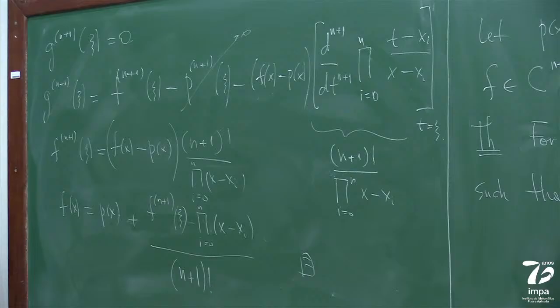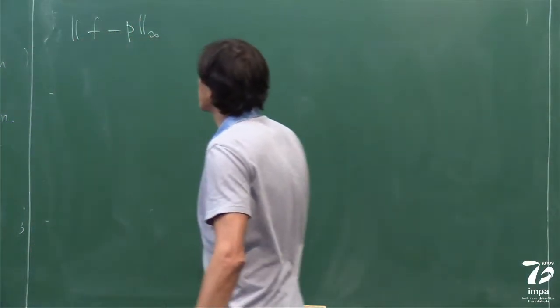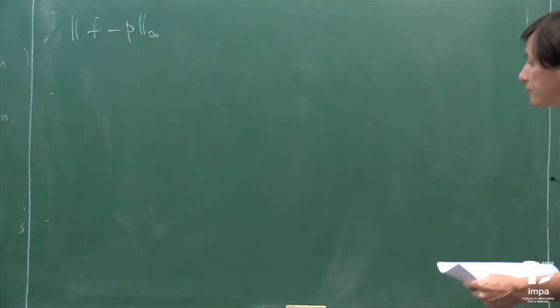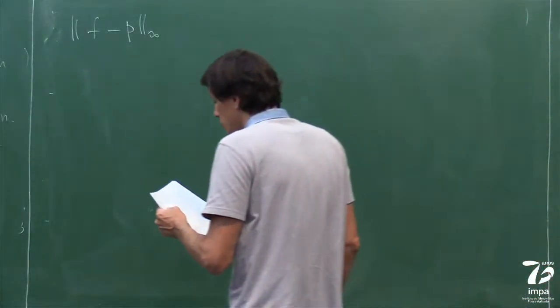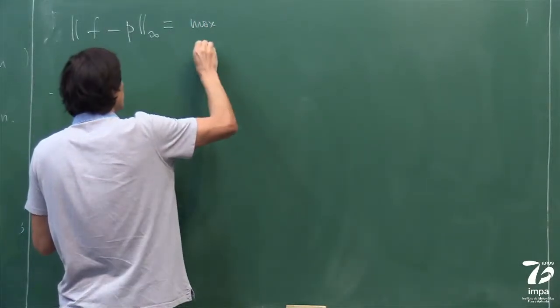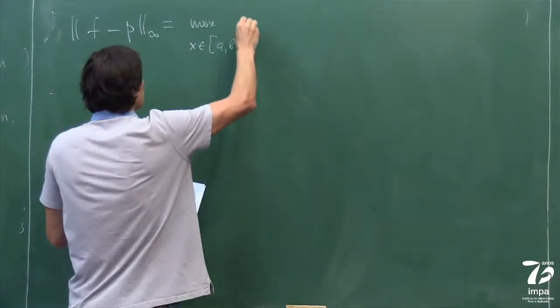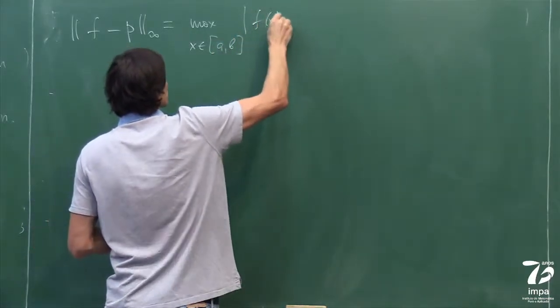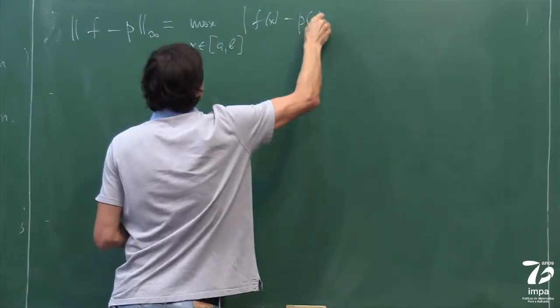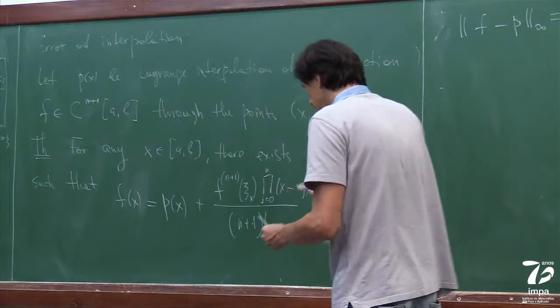Let's compute the difference between the function and its polynomial interpolation with the infinity norm. So it's the maximum in the interval of the difference. And this difference we have, because this is this term.